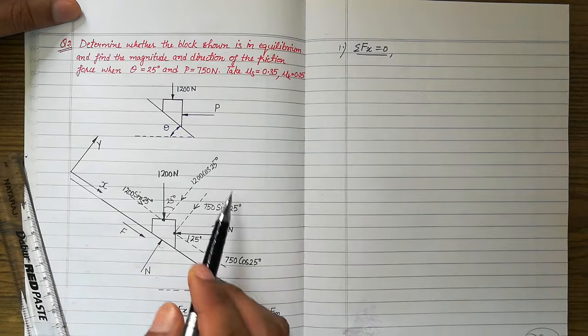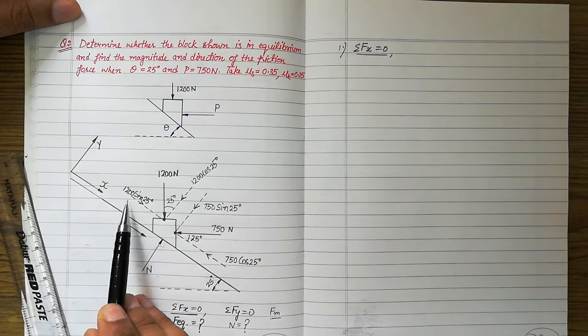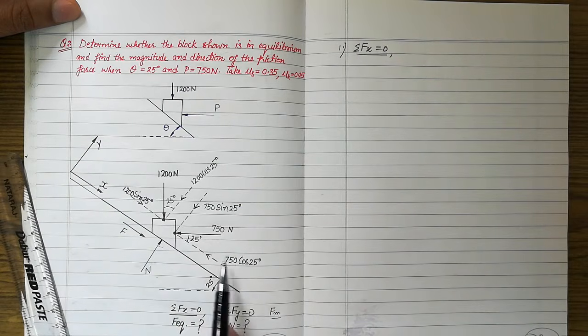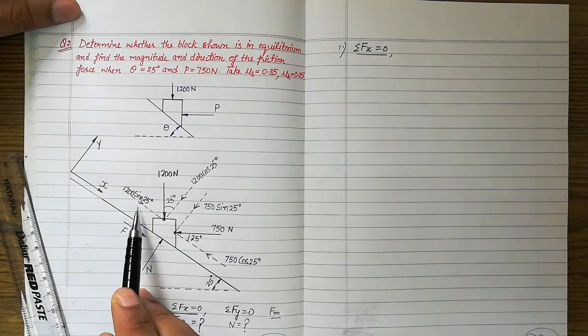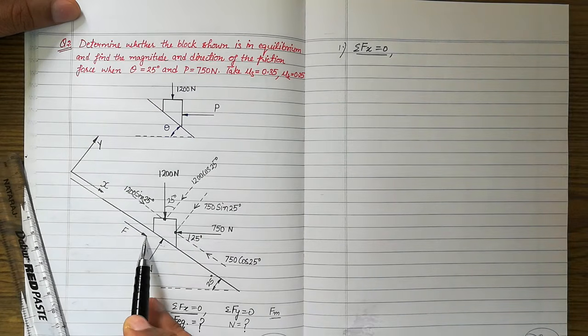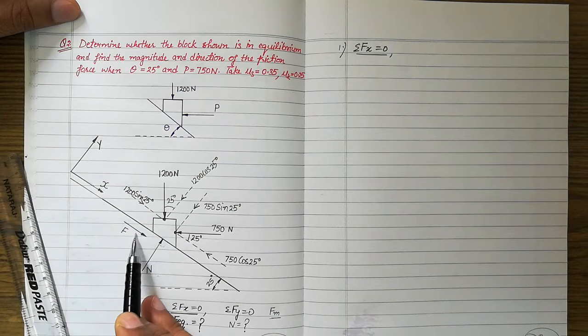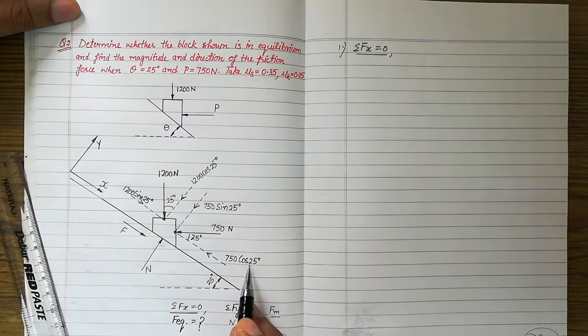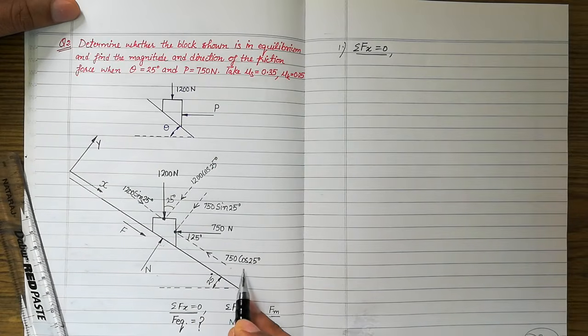Now you see in this free body there are three forces acting along the x direction. One is 1200 sin 25, 750 cos 25, then the frictional force. Any force acting towards the right, we will consider positive. Any force acting towards the left, we will call negative.